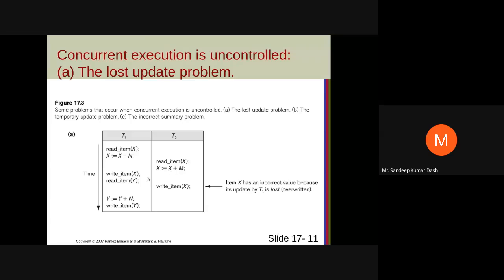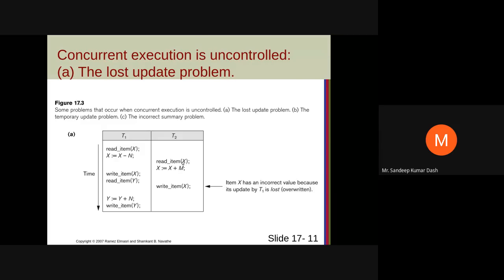But when we mix, this is called lost update, meaning whatever update this one did is now lost. At the end of this particular T1, x was supposed to contain 45, and y, suppose y is 10, was supposed to contain 15.